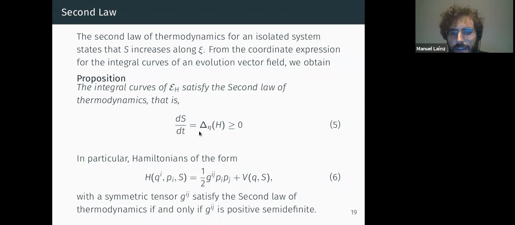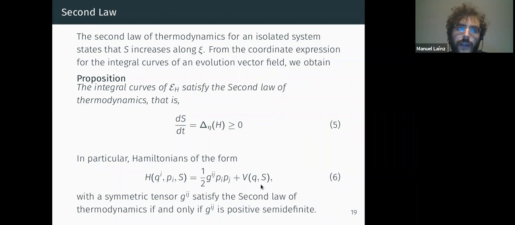Sorry, this is the Liouville vector field on the Lagrangian side, which is pi partial of pi of h. So if this is positive, then the second law is satisfied. For example, Hamiltonians of this type satisfy the second law for all their processes if this G is positive semi-definite.